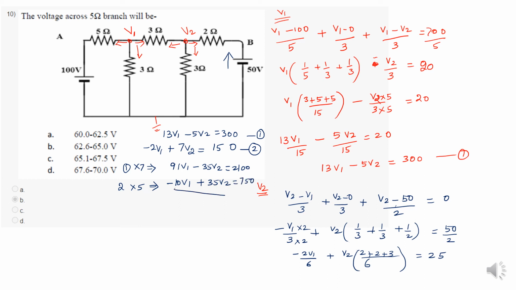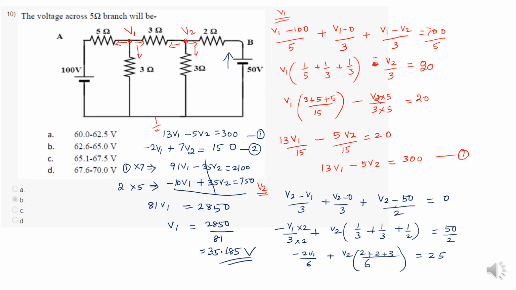Okay, what is the answer? That is 81V1. These two get cancelled. 2850. Okay, what is V1 now? 2850 divided by 81. So the answer is 35.185 volt. This is the answer.